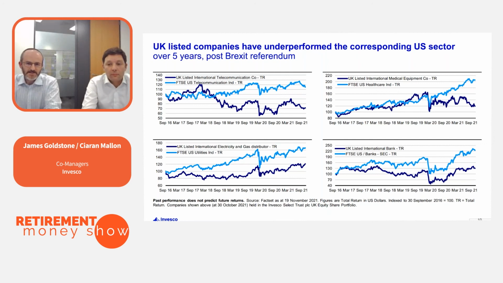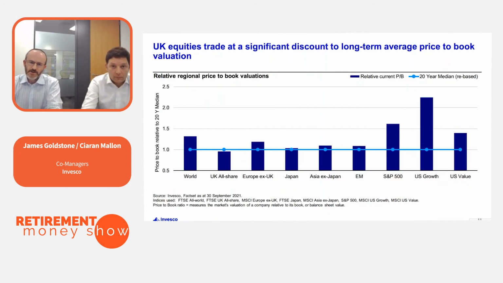And next slide, please. And a different way to look at valuation is to look at how markets are currently valued versus their past. This chart shows the current price to book ratio for various markets against the median of the past 20 years.